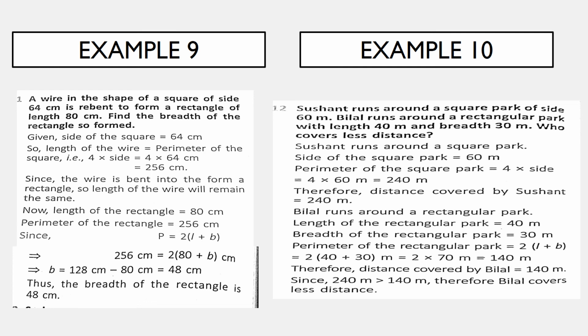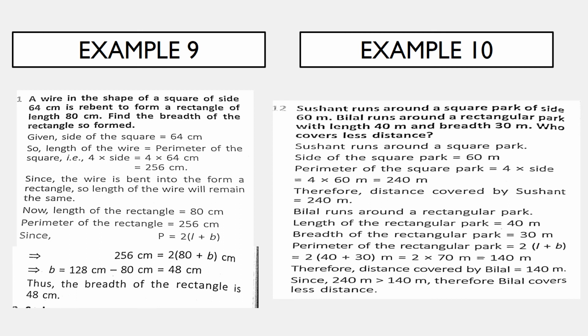So the perimeter of the square and the length of the wire will be the same. So perimeter of the square is 4 into side. So 4 into 64, that is 256 centimeter. So the length of the wire is also equal to 256 centimeter.